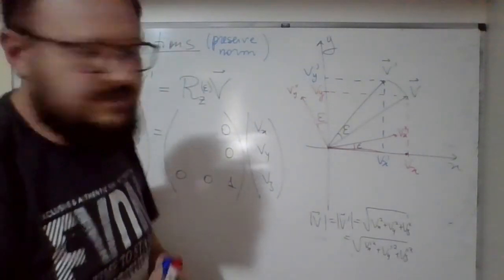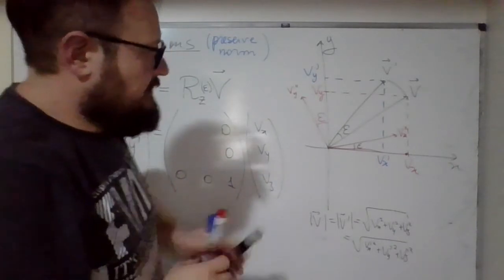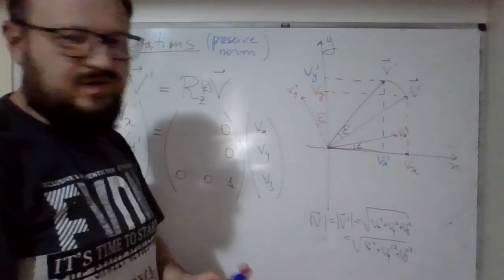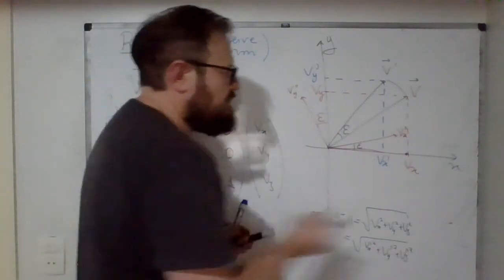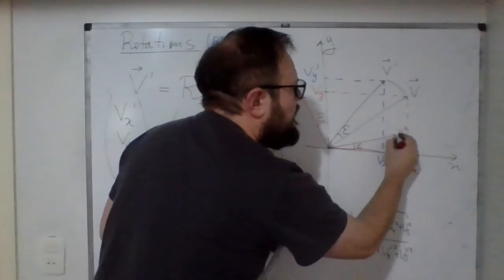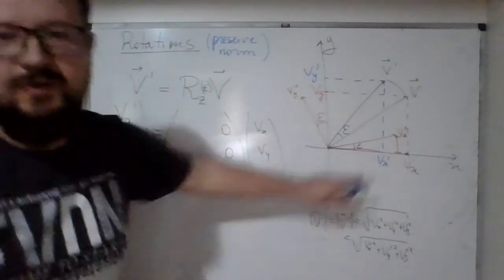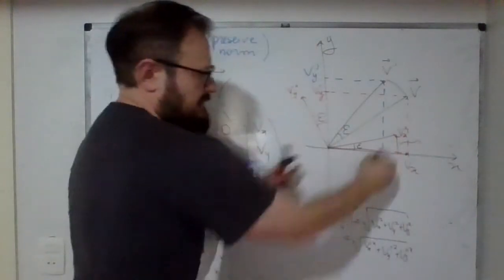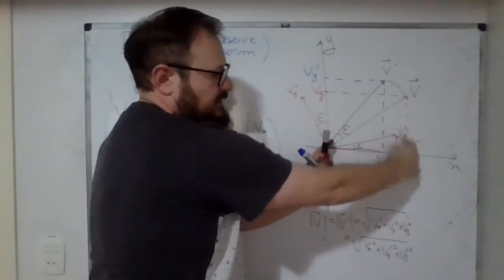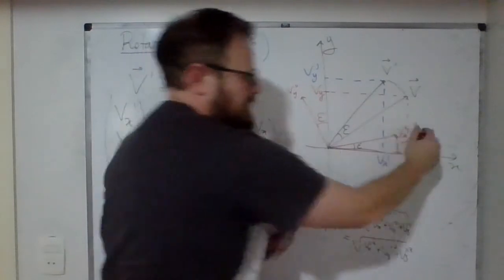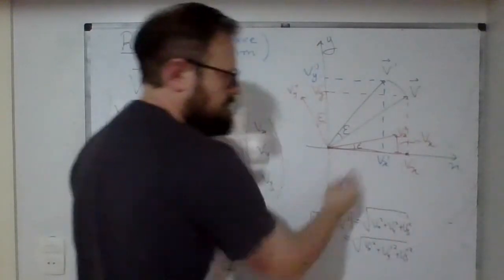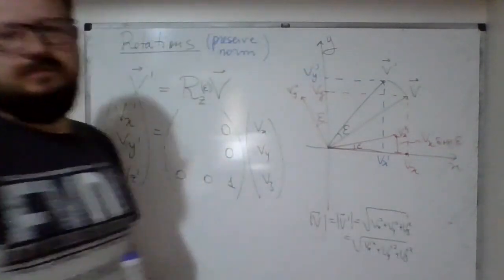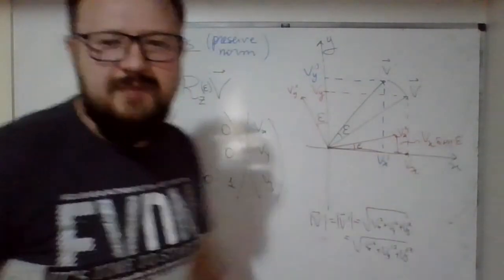But notice that this rotation of the component Vx produces a y component here. And this component here is just the Vx, which is the same length, times the sine of epsilon. Okay, times the sine of epsilon.